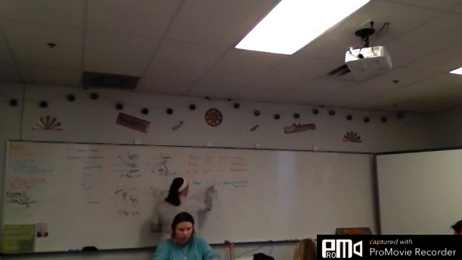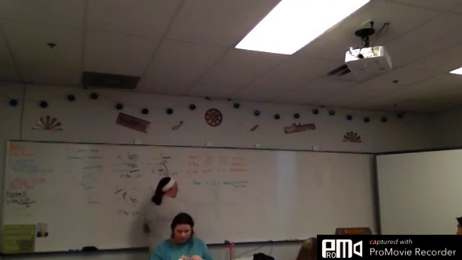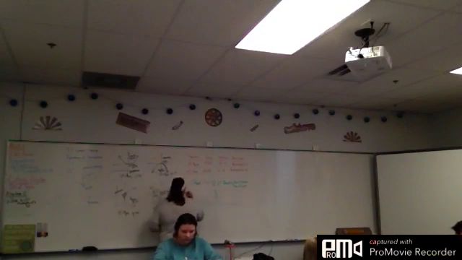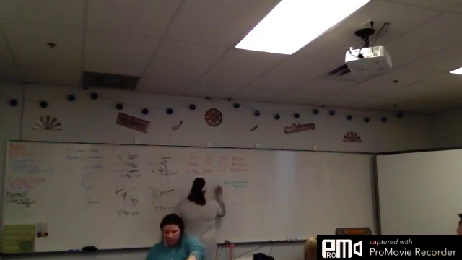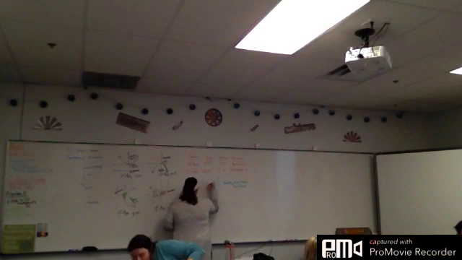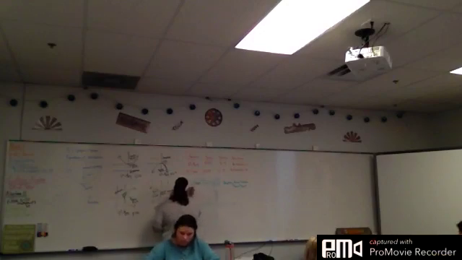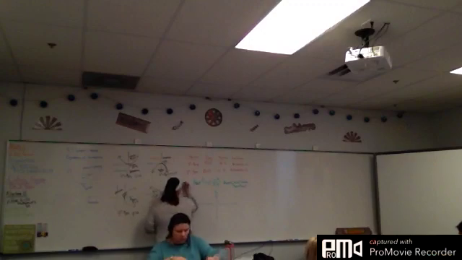How do I get rid of that negative 1/8? Multiply by negative 8. So if I multiply both sides by negative 8, I get y squared equals negative 8x.